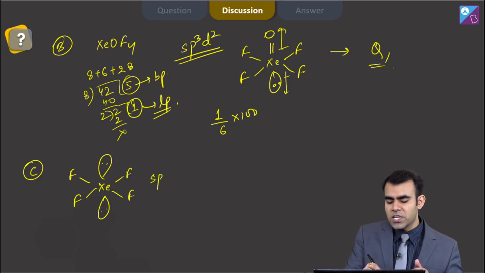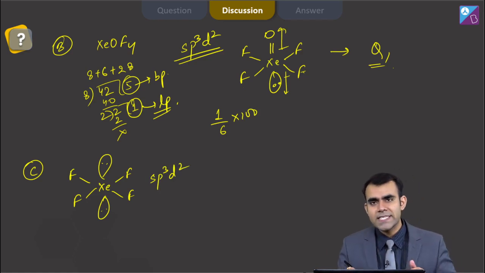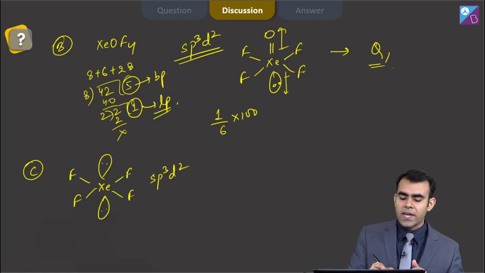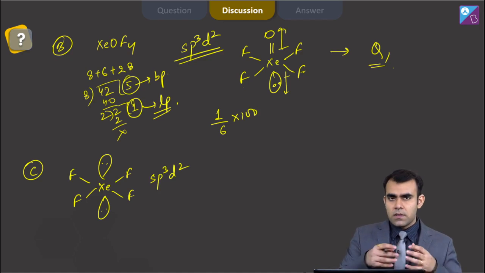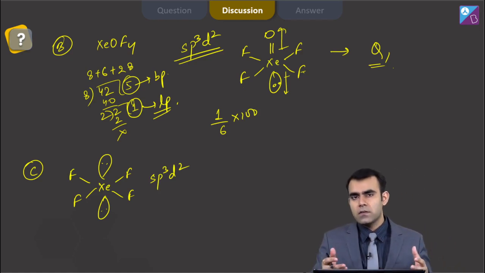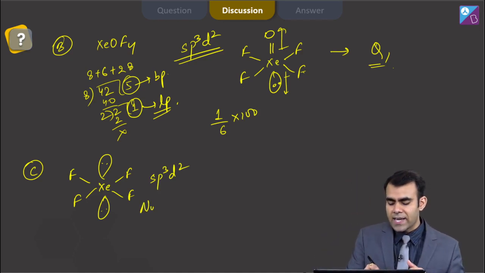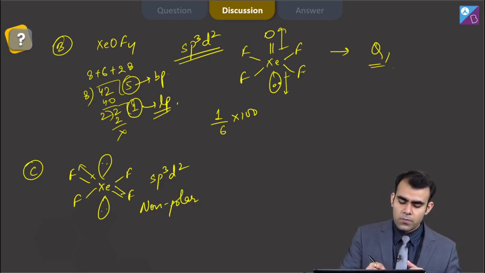Now here the hybridization is again sp3d2. Polarity: as the molecule is symmetrical, we can say it is non-polar, as each bond will cancel out the dipole moment of the other.